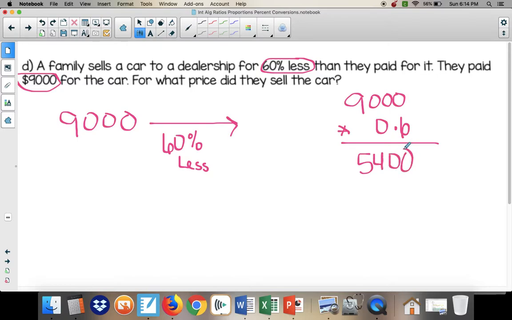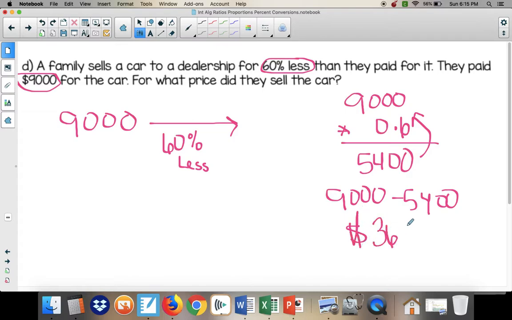Now it says 60% less. It didn't say 60% of what they did. So what I'd have to do now is take these two and subtract them. So 9,000 minus 5,400 means that they sold it for 3,600.